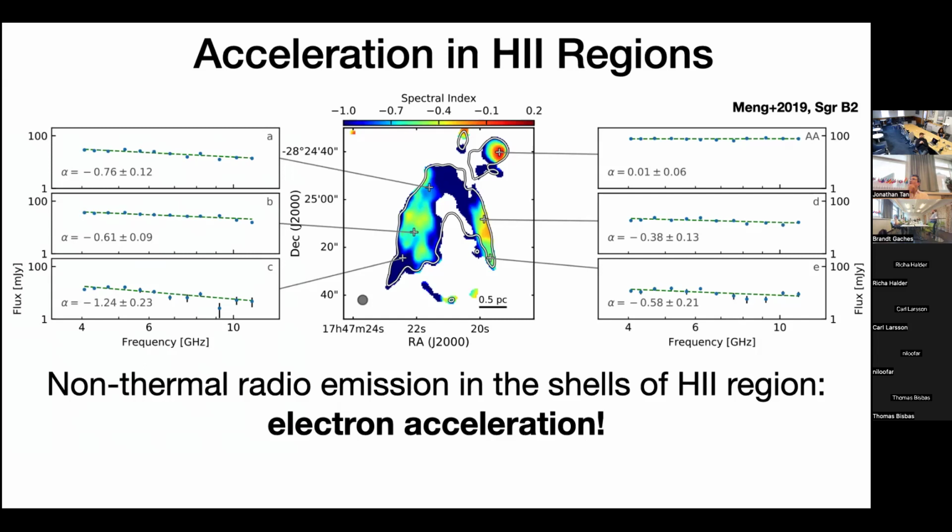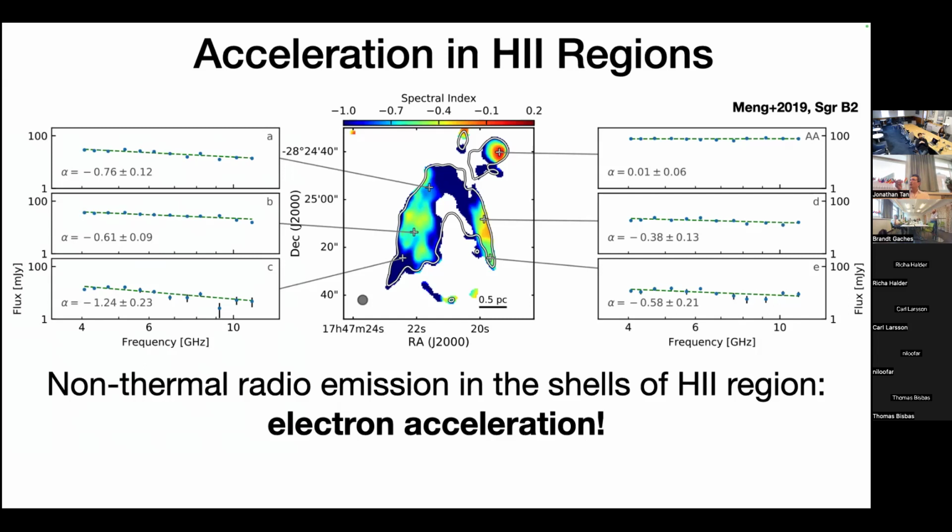But could that be free-free? They did modeling though and found that it was most likely synchrotron, and then there was a follow-up companion paper from Marco Padovani that did the theoretical calculus and was able to reproduce this, again making analytic assumptions about the particle acceleration.